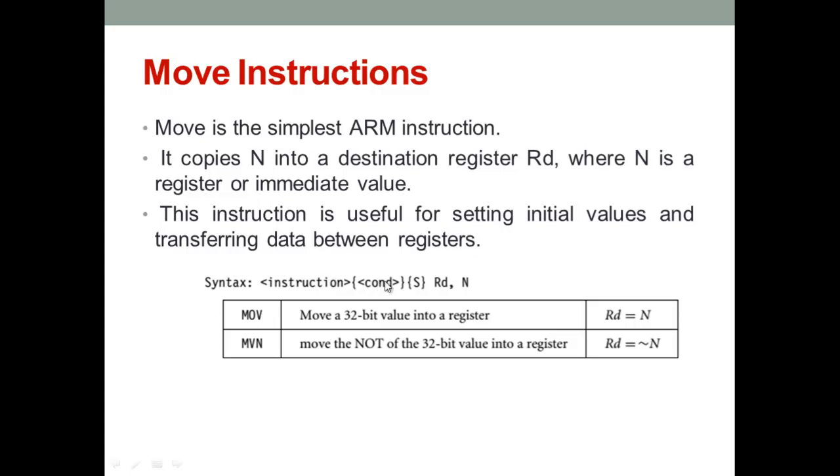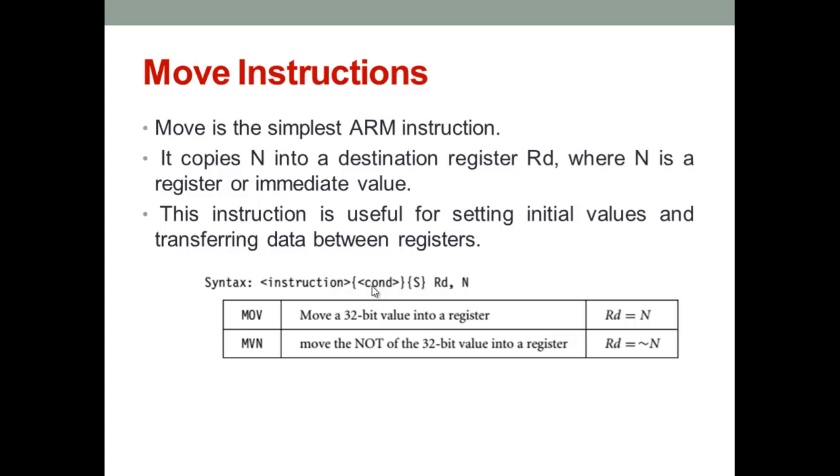Then I have the condition. Condition is a pretty unique feature we have here. Unlike your 8051, where a condition mostly comes in association with jump instructions, here you can have a condition along with any instruction. It is not mandatory; it can be a part of your instruction as well.